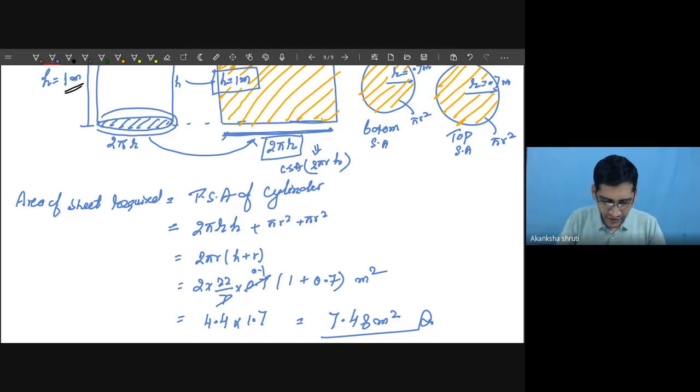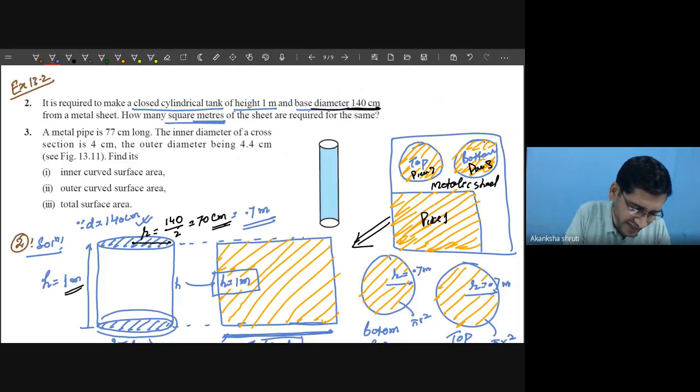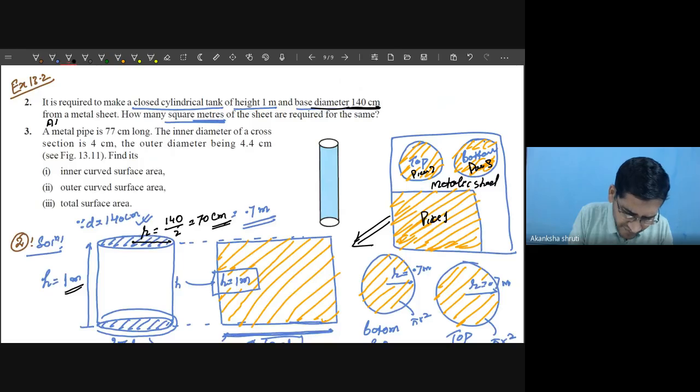It is one thing. So here we have calculated the surface area. The other thing here they may ask like this, also calculate the capacity of cylinder. Capacity of cylinder means the volume of cylinder.